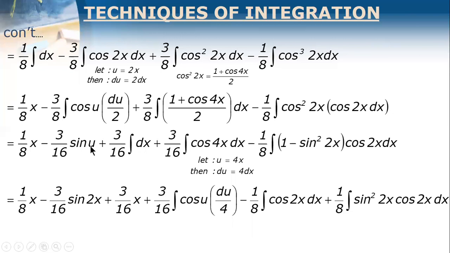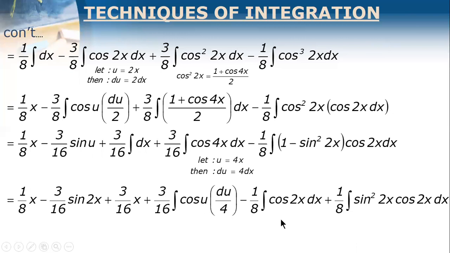So, u here is 2x, so we had this one, sine 2x, and then 3 over 16 integral of dx, x lang, and then 3 over 16 cosine u dx is du over 4, minus 1 over 8 integral of cosine 2x dx, and then plus, negative times negative, so plus 1 over 8.